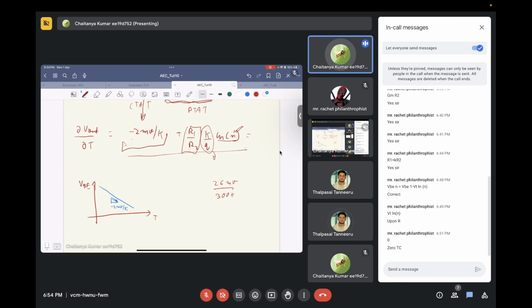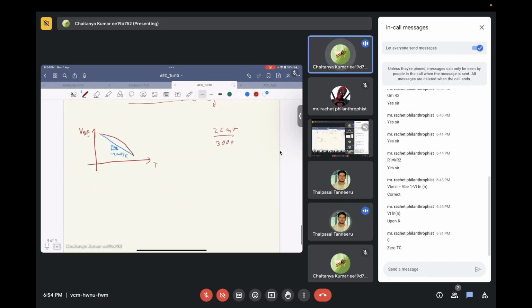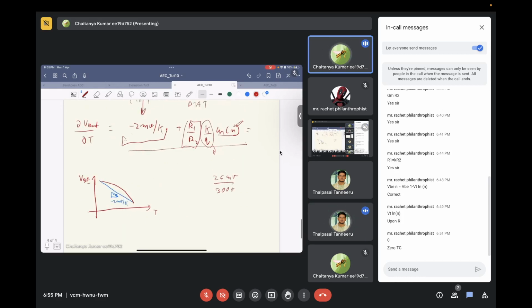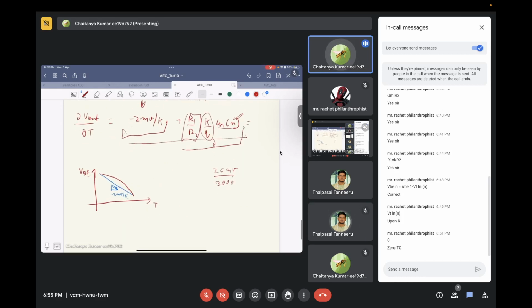But in actual practice, it does something like this. The assumed line, on the other hand, is linear in the true sense, but this one is somewhat deviating from linearity.